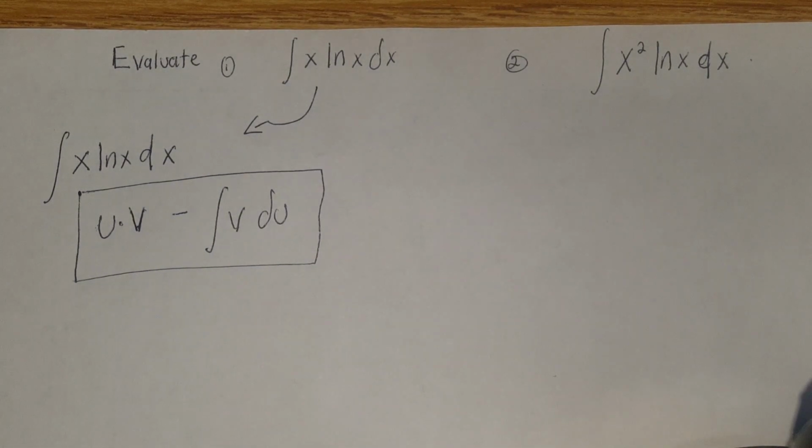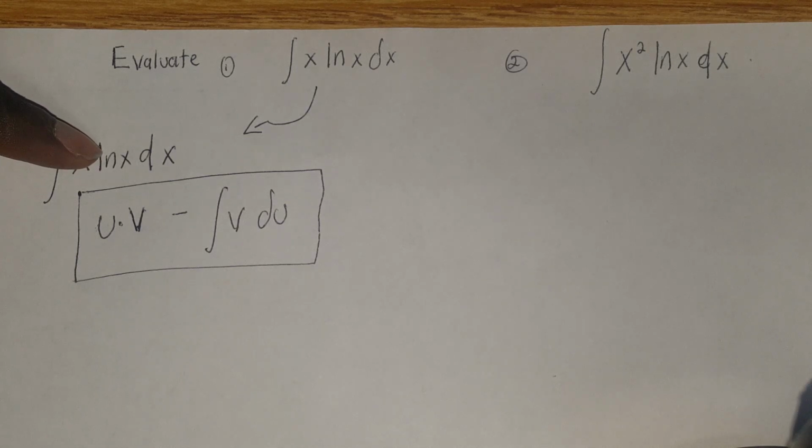So I need to assign my u and assign my dv, but I know I assign u to a variable that I can easily differentiate, and I assign my dv to a variable that I can easily integrate. So here there's a clue. Do you actually know how to integrate natural log x?